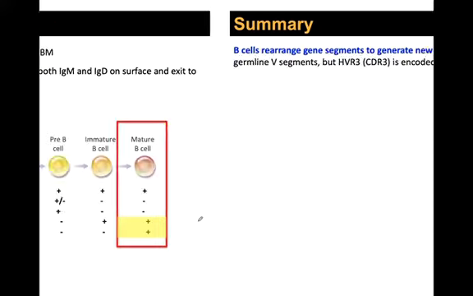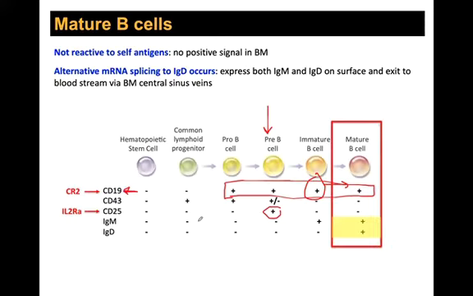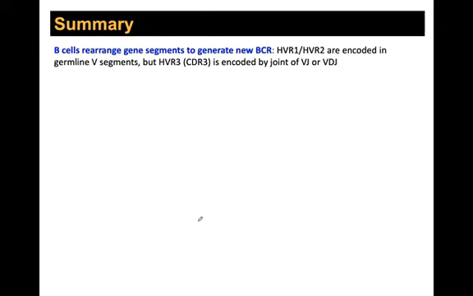Okay, so that's a lot of information, but what did we just cover? Well, you've got to think about B cells rearranging their gene segments to generate a new BCR so that you can have an immense diversity. Given current estimates, the potential diversity of the number of BCRs you can generate is about 10 to the 23rd, which is getting close to Avogadro's number of different B cell receptors.